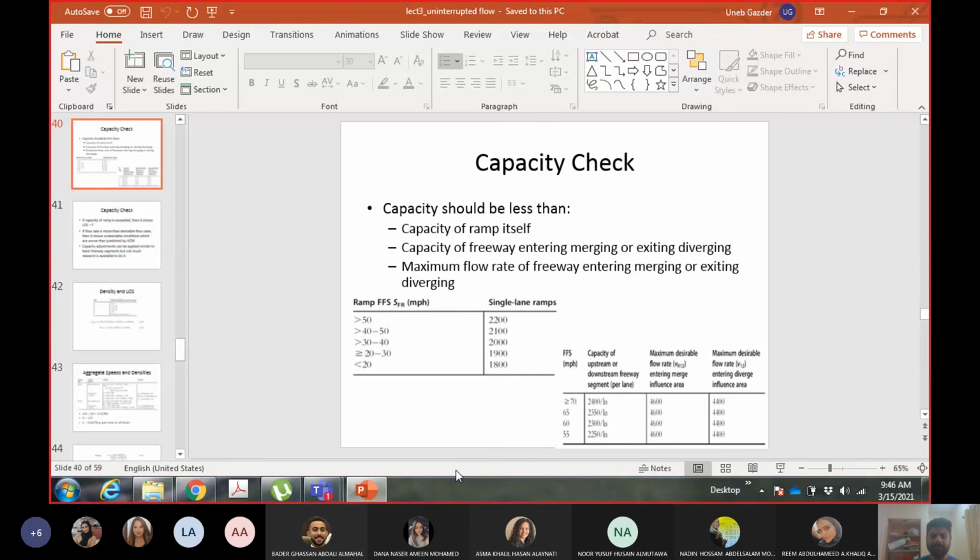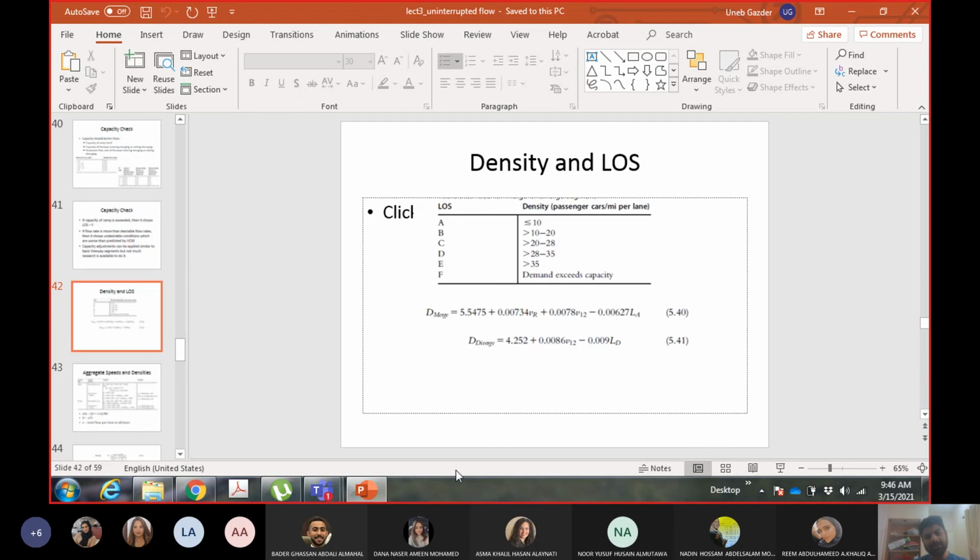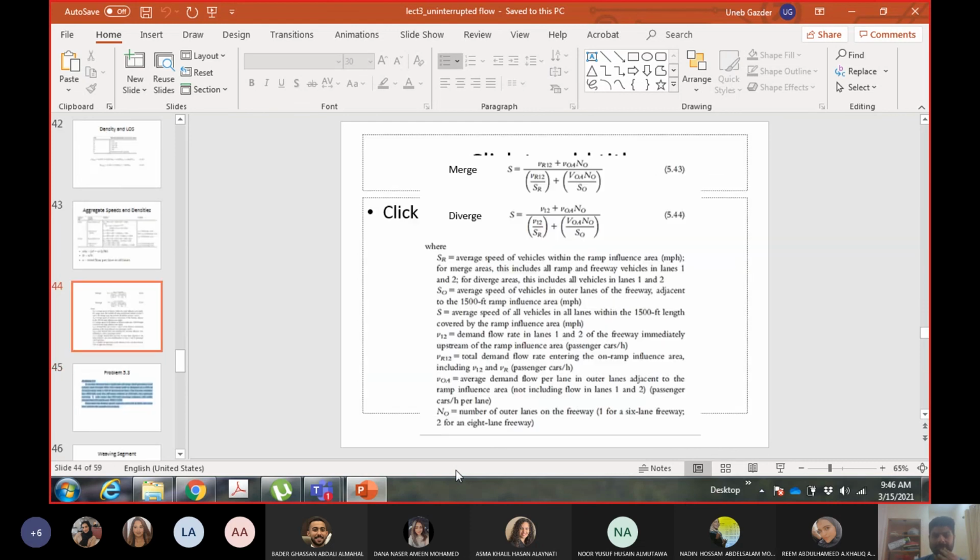So if you go over the per lane capacity of the ramp, or the per lane capacity of the freeway, or the maximum flow rate in the two adjacent lanes, then you have level of service F. Then you don't have to calculate the density. Without calculating density, you can say level of service is F. And that's it.